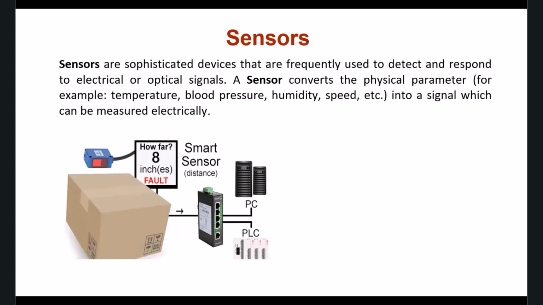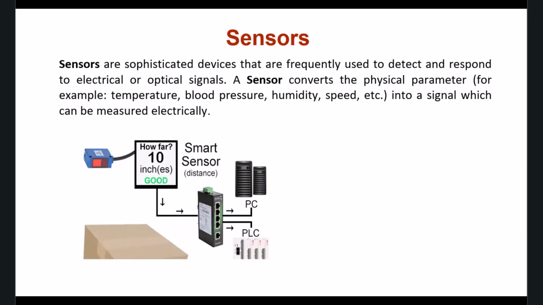Now you want to differentiate between the oil and the water. We know that the oil has higher viscosity as compared to the water. So if we have some sensor which can sense the viscosity, based on that, you can differentiate between the water and the oil.